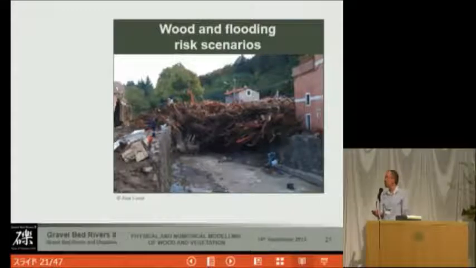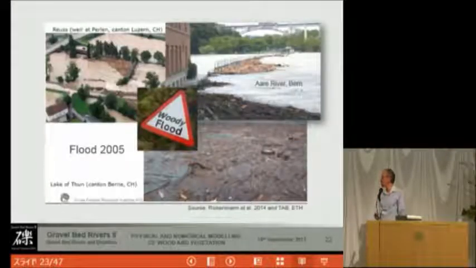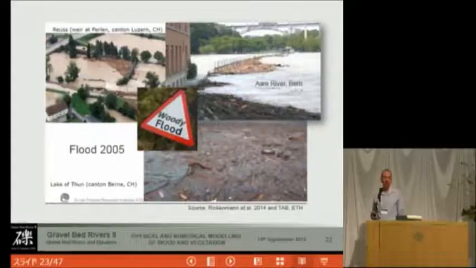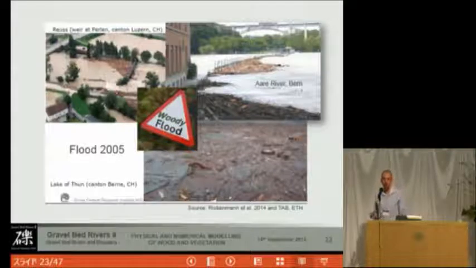And when it moves, it can be quite dangerous. These are a few examples of recent floods that happened in Switzerland. And when wood moves during a flood, it can interact with structures, and we know that these are badly designed structures, as Colin Thorne pointed out yesterday.